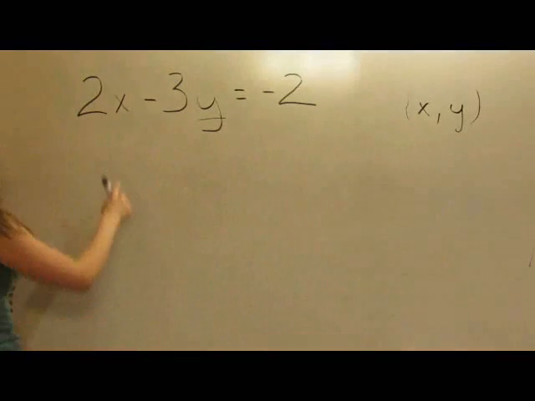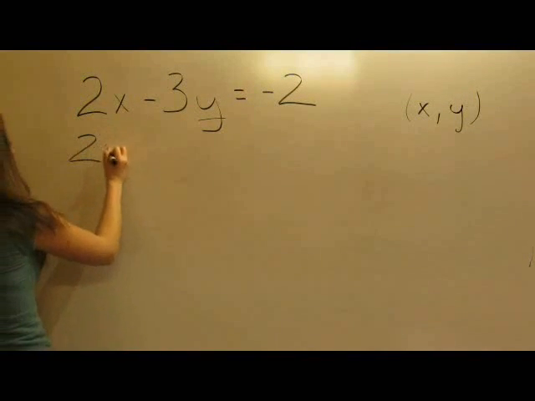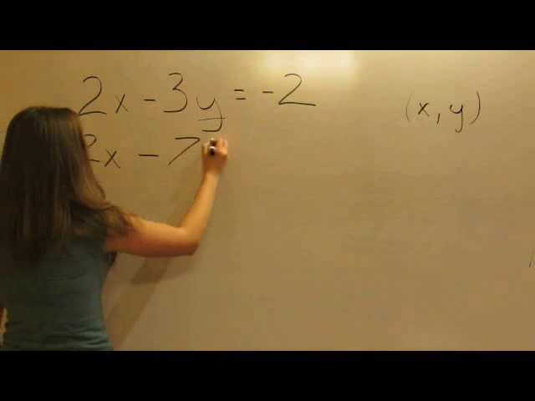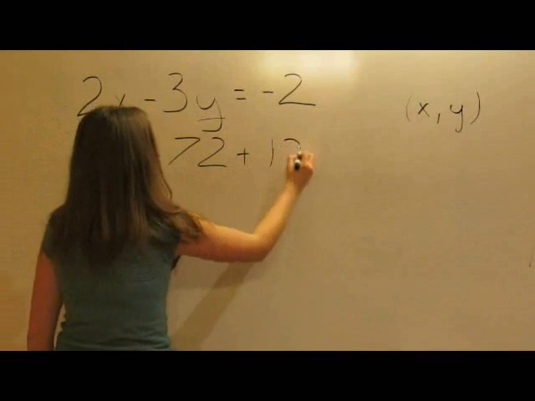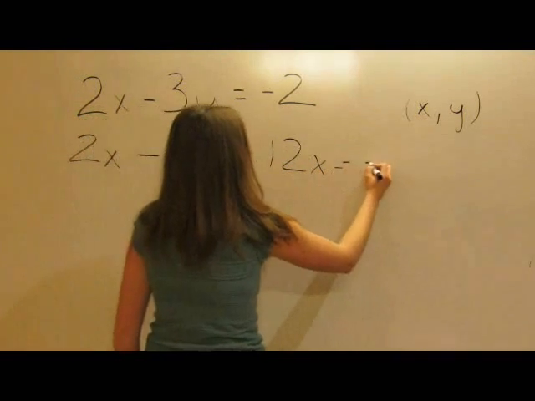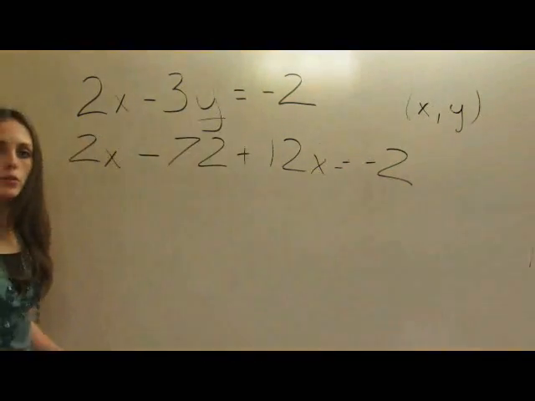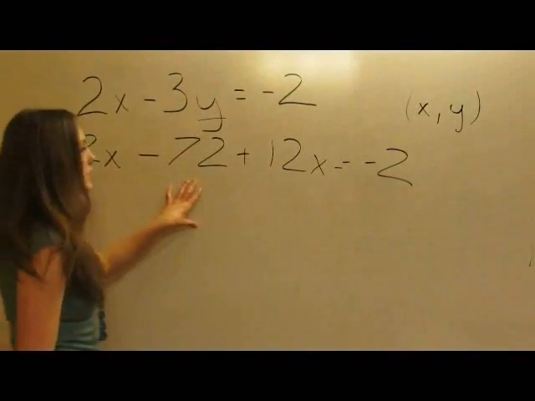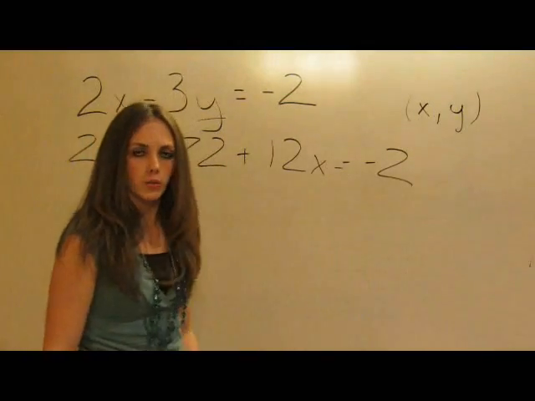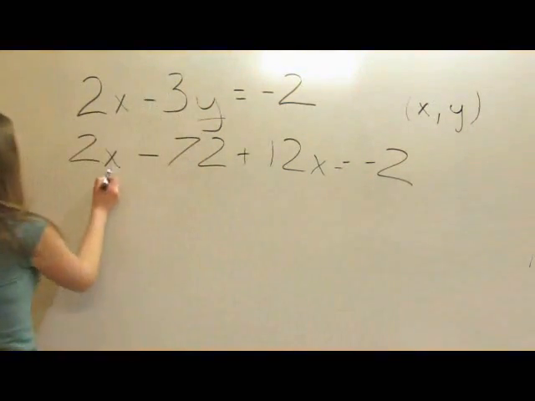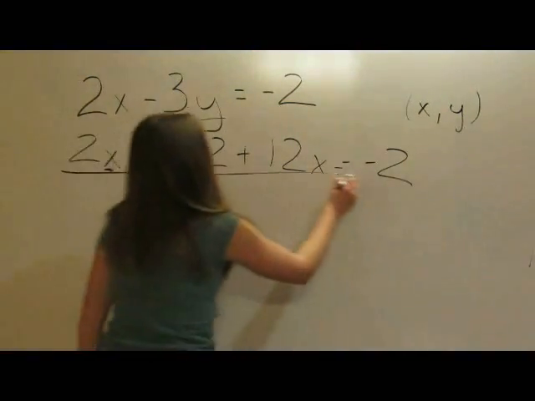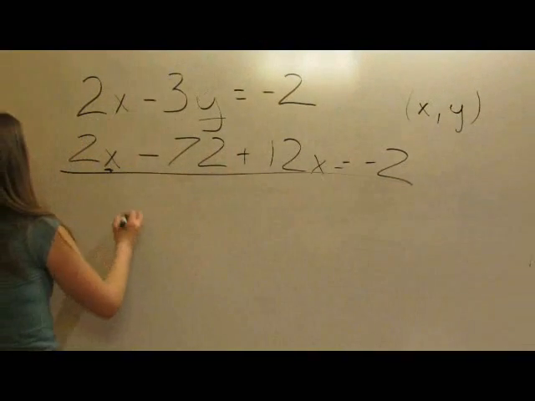After simplifying, we've managed to make this into 2x minus 72 plus 12x equals negative 2. Now you'll notice that each term in this equation is divisible by 2. So let's go ahead and do that so that we can isolate this x here. Let's divide this entire thing by 2.